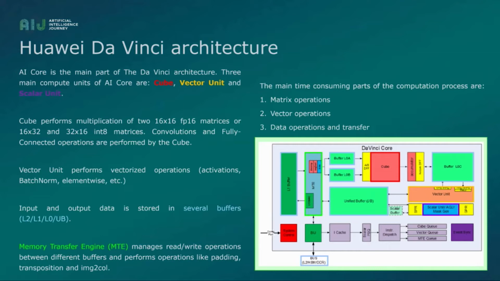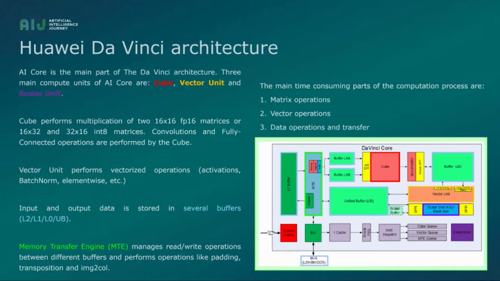The main modules include the cube unit that performs multiplications of two FP16 matrices, 16 by 16 or 16 by 32, with INT8 accuracy. Its operations include convolutions and fully connected operations.